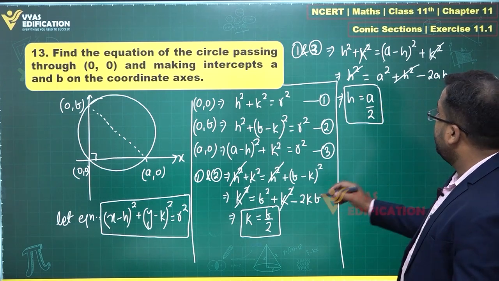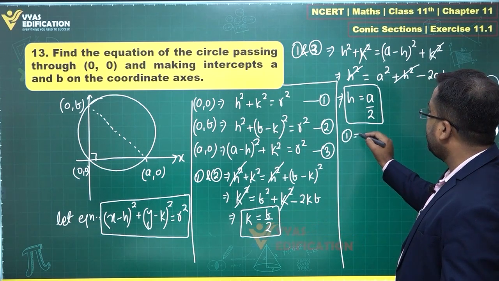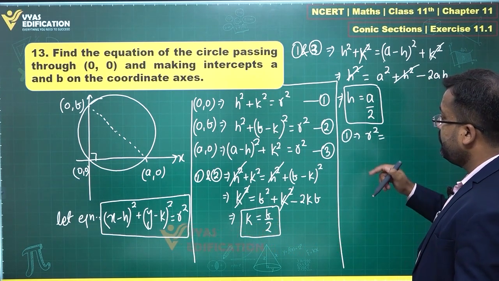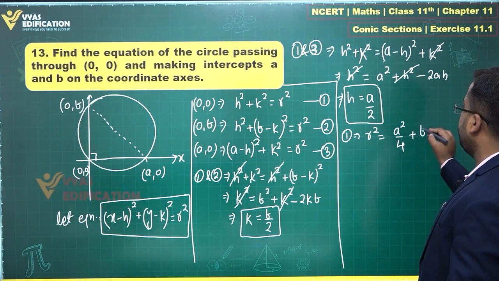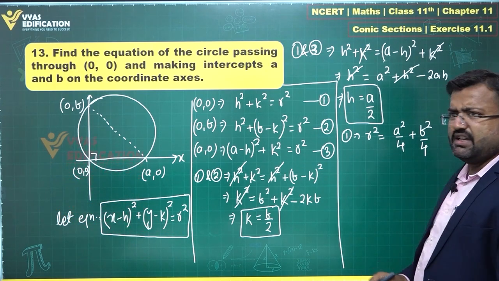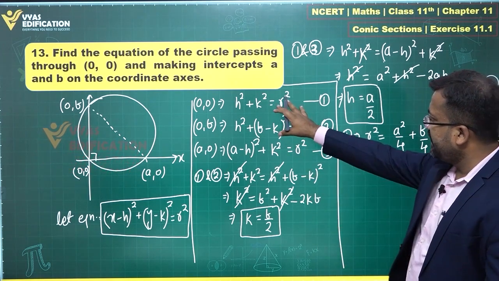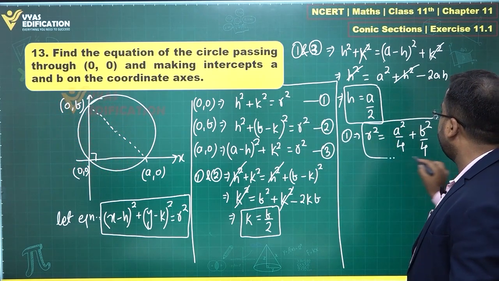Therefore, using equation 1, r² = a²/4 + b²/4. Is that simple? Yes, that's pretty simple. You can observe that h² + k² is the value of r².